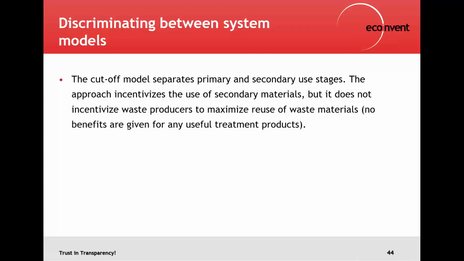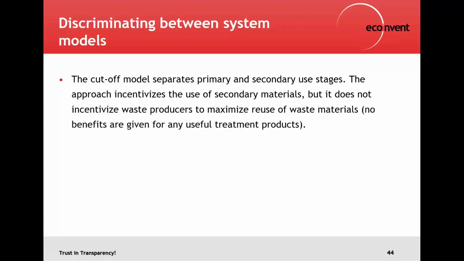Okay, and then let's maybe bring back some considerations on the different system models, and that would also help wrap up the webinar. The cutoff system model is separating primary and secondary use stages. This approach is incentivizing the use of secondary materials. So that's the approach that you would be using if you are choosing the cutoff system model.